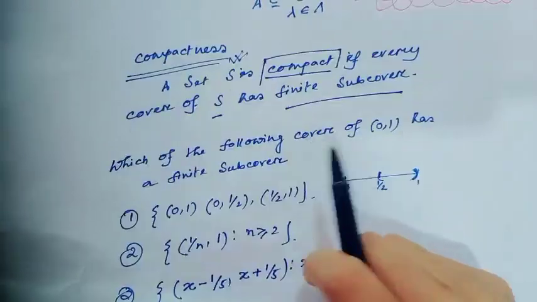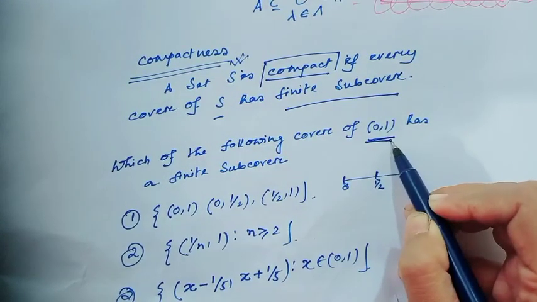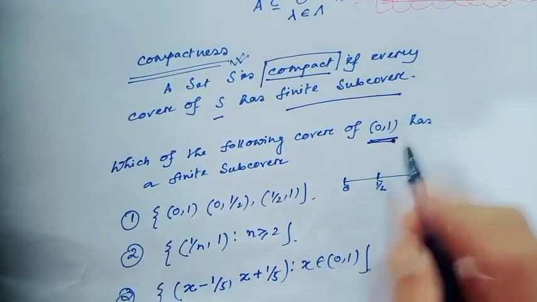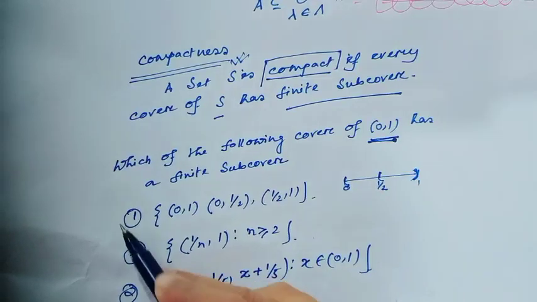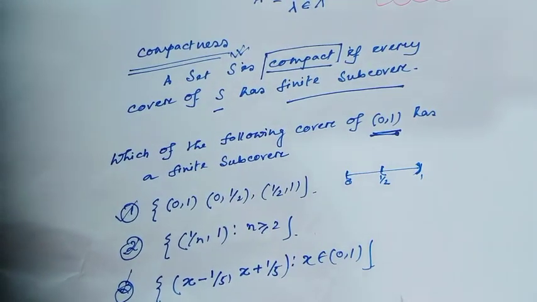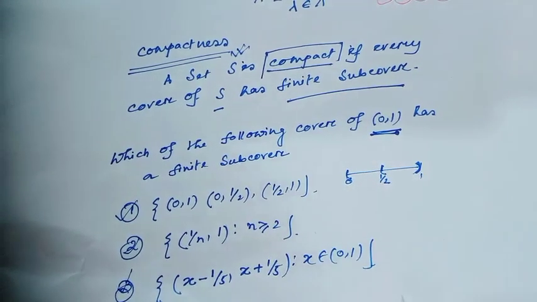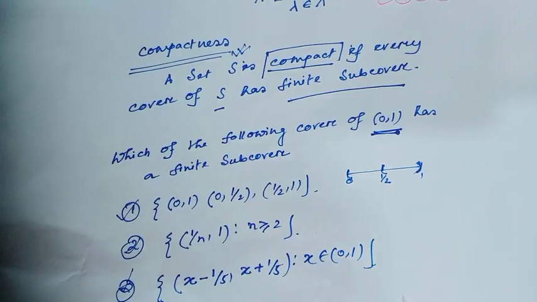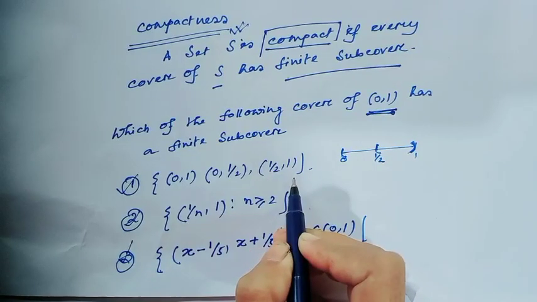Okay. Now, as an example, consider the open interval (0, 1). Then my question: here I have considered 3 covers, which of the following covers has a finite subcover? At first the cover looks like (0, 1/2), (1/2, 1).